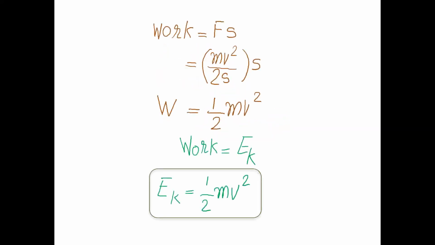Then work comes again here. Work is equal to force times displacement. You put the force equation times distance and you simplify. Now work will become kinetic energy, the same concept. Every energy actually comes from work. So work is a representation of energy. This is the derivation for kinetic energy.